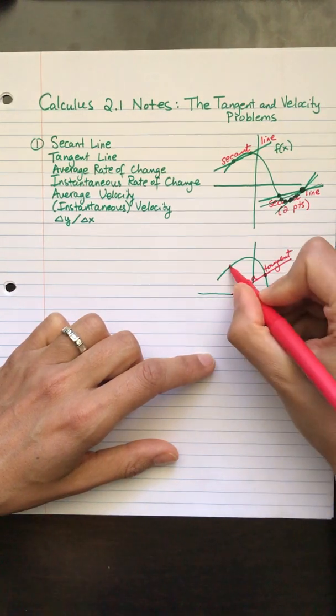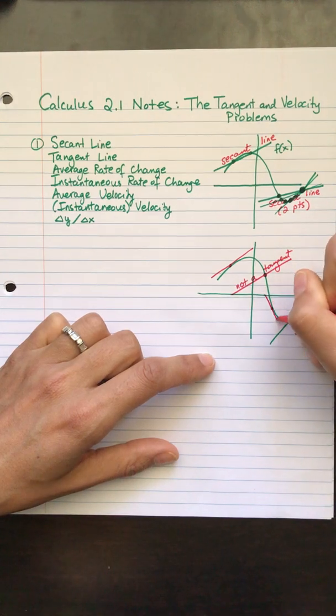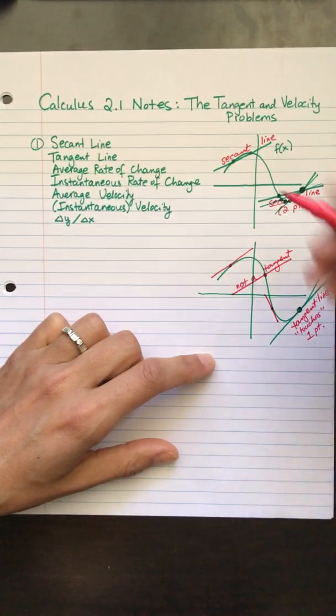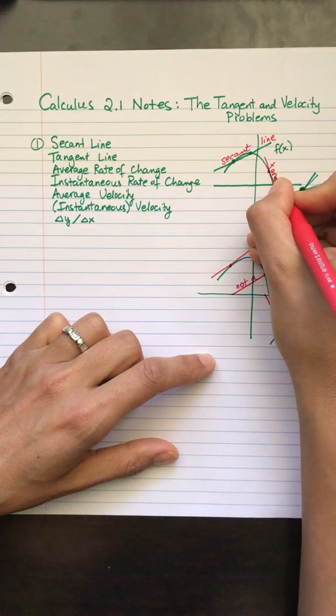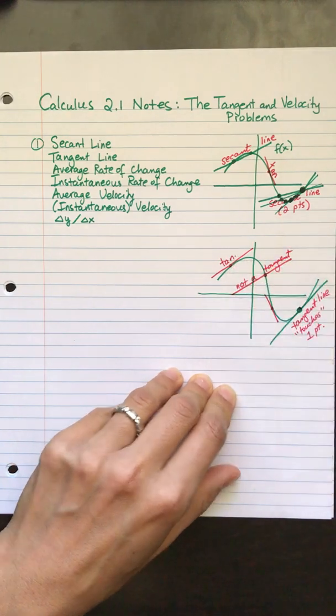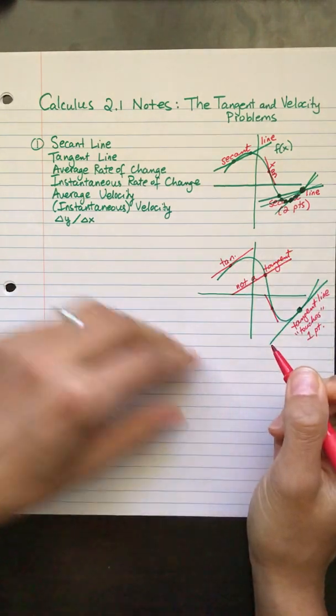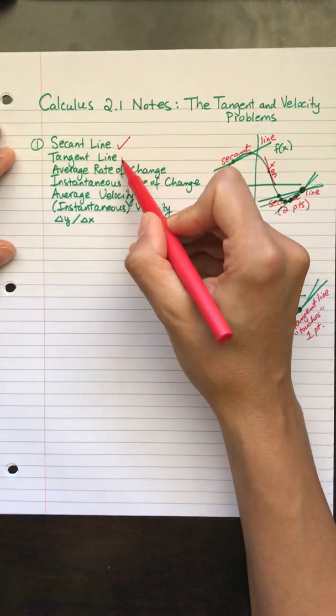Okay? But this is a tangent. This is a tangent line. So tangent line. Tan for tangent. Okay, so secant line, tangent line.